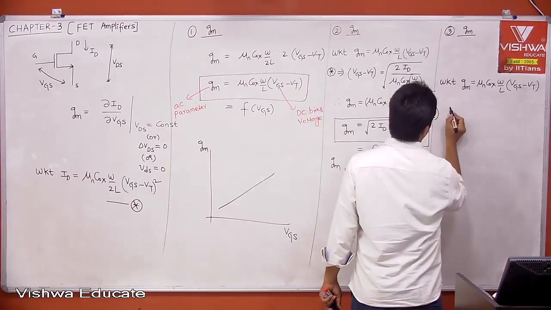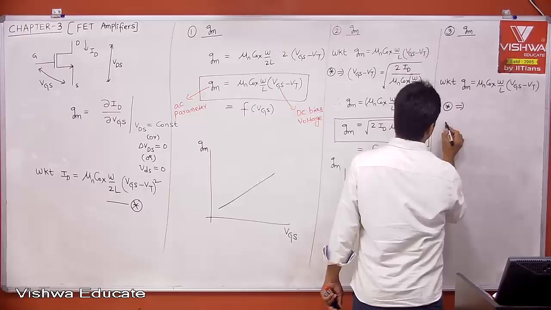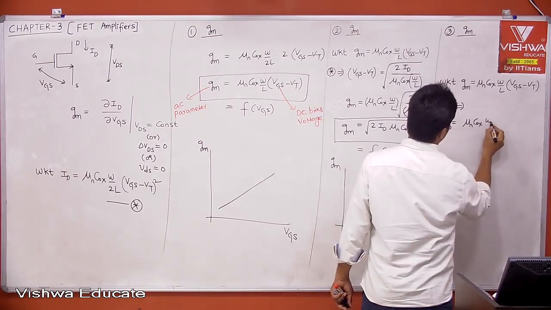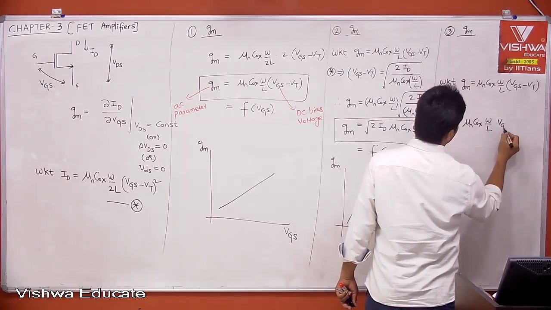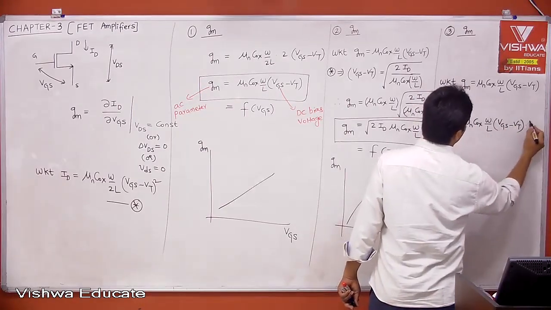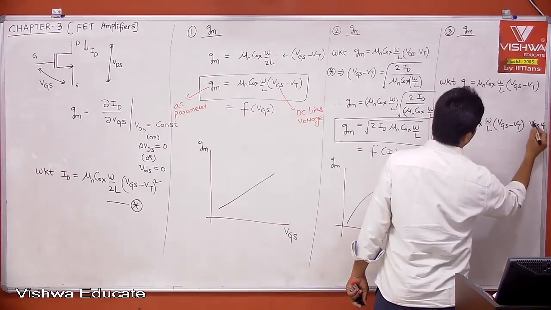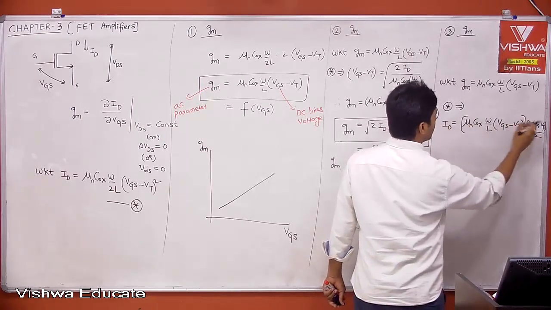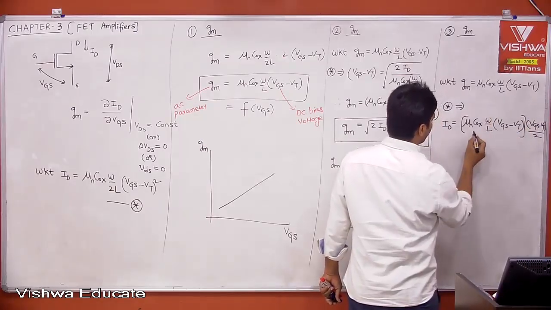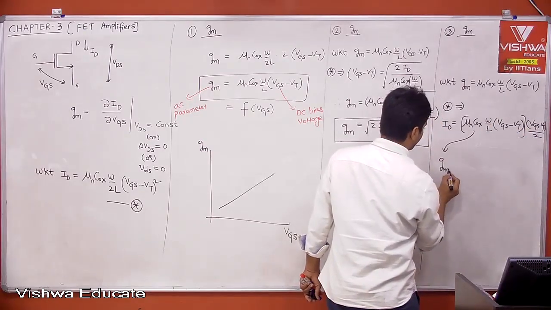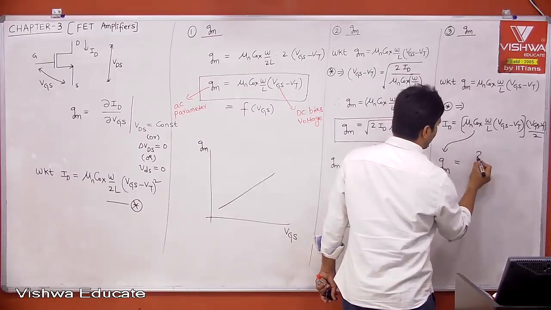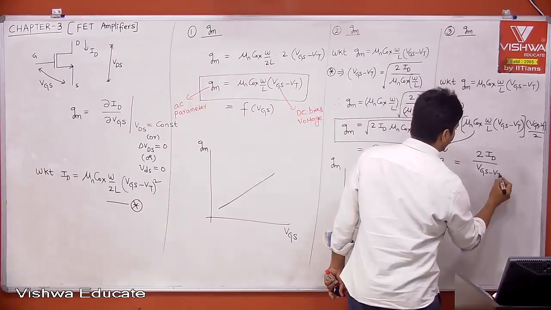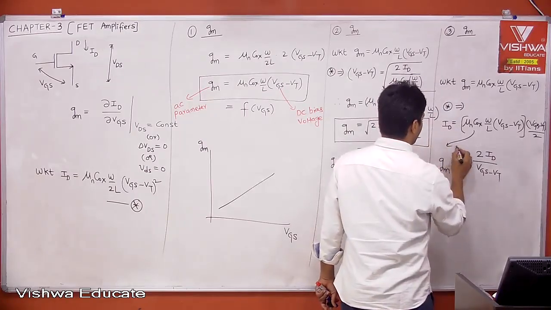And ID is equal to mu n Cox W by L into VGS minus VT into VGS minus VT by 2. Can I write like this? This is nothing but GM. Therefore, GM is equal to 2 into ID divided by VGS minus VT. This is another form of our GM.